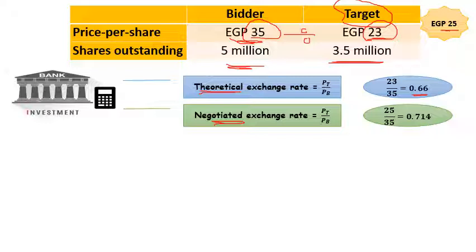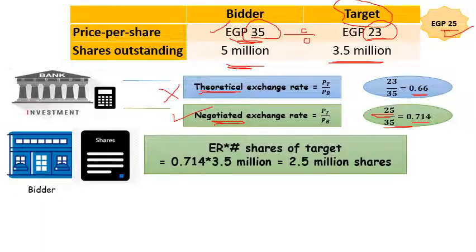So the investment bank will divide 25, which is the negotiated price, over 35, which is the market share price of the bidder, to get 0.7114. So the bidder will issue new shares at the negotiated exchange ratio, not at the theoretical exchange ratio.